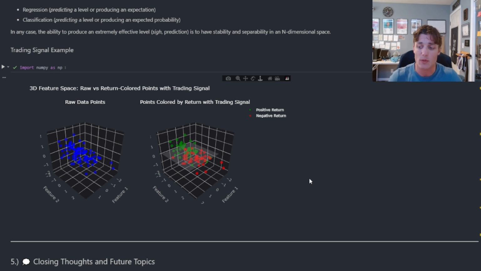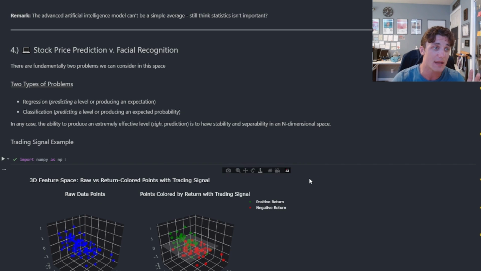Now, hold on a second. We actually are producing an expectation, and it turns out it's a conditional expectation, and for a problem like facial recognition, it's a heavily nonlinear conditional expectation, but the problem space itself is stable. What I mean by that is your facial features aren't changing enough such that when you use Face ID, it's not going to know it's you, right?